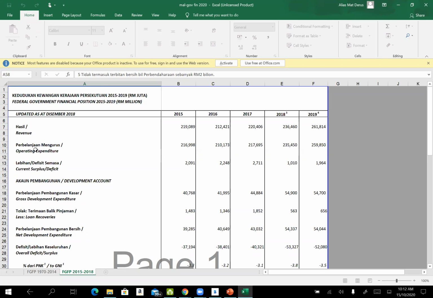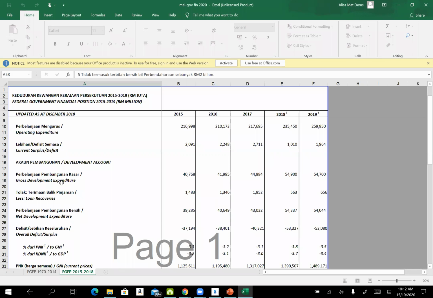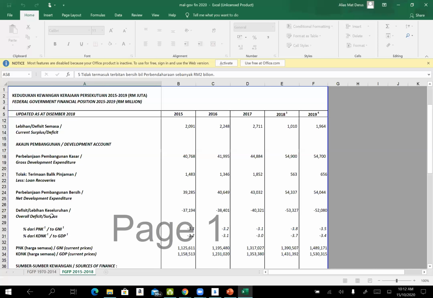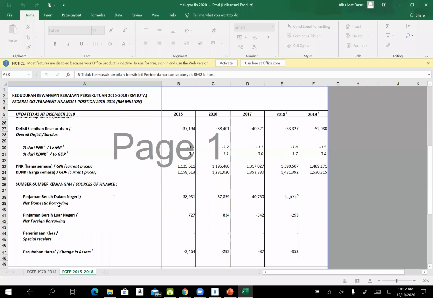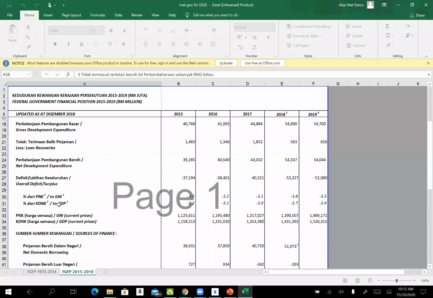And this is the total operating expenditure, and this would be the development expenditure. And here they give you also the deficit, and then the deficit in terms of percentage to the GDP. So this is the first one that we're going to look at.